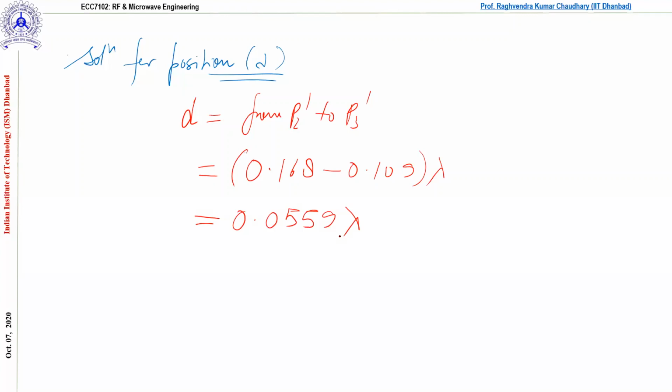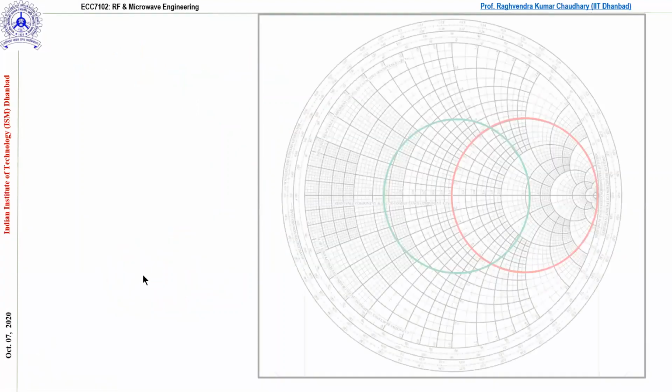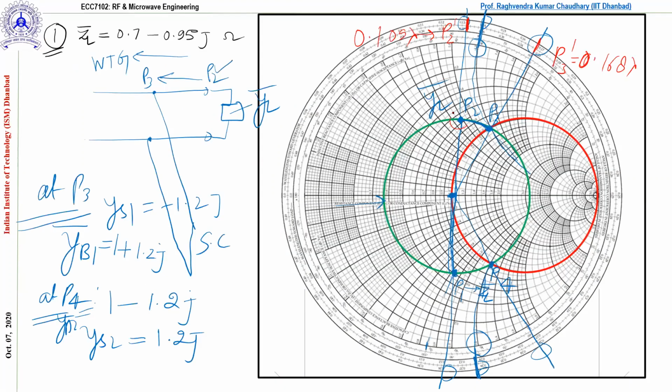Similarly, for the point P4 you can also do it, and in that case you need to move from this point to P4. So here you have to find what P4 dash is. P4 dash will be 0.332 lambda, correct? And P2 dash we already have.